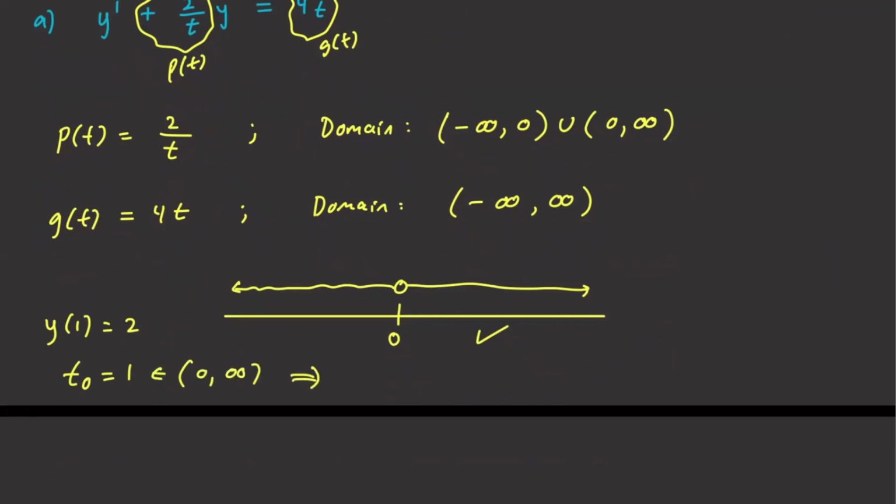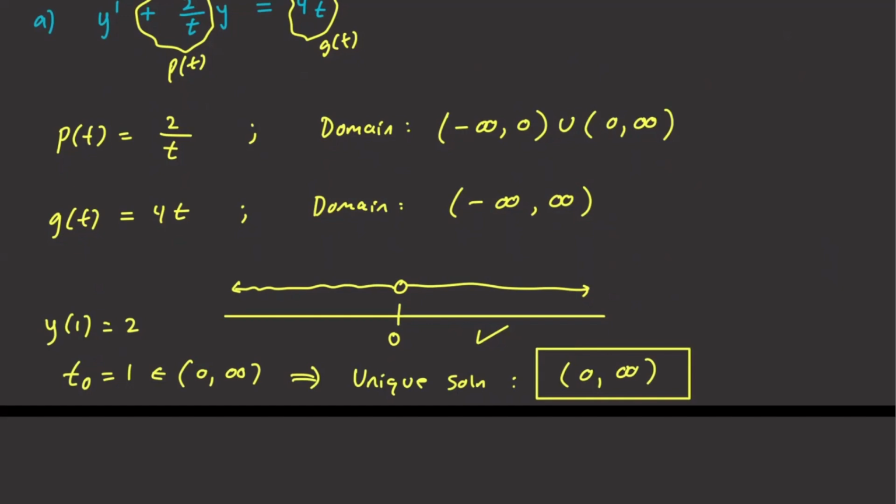That means we're going to have a unique solution on the interval from 0 to infinity. That's really how you figure out where we have that solution. When it exists, it's unique.